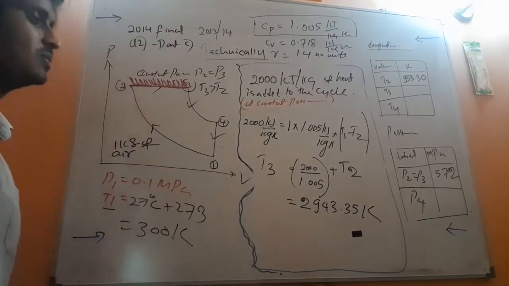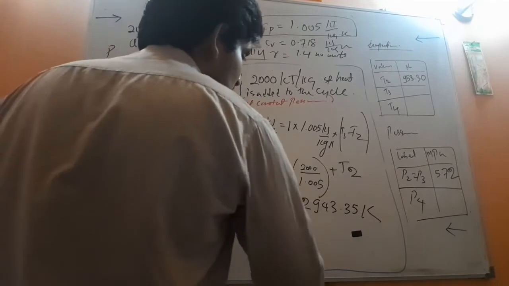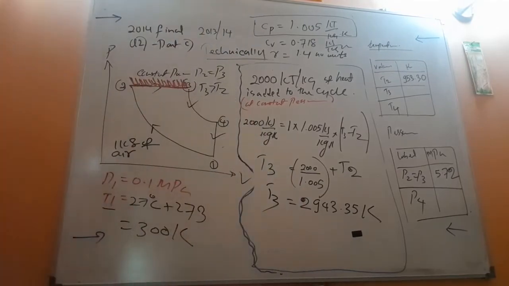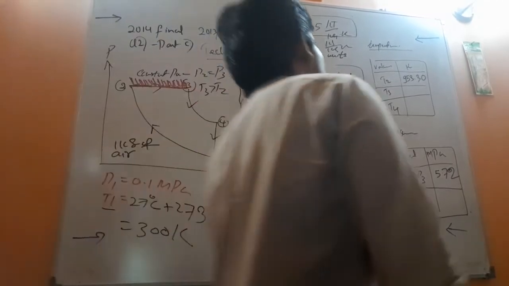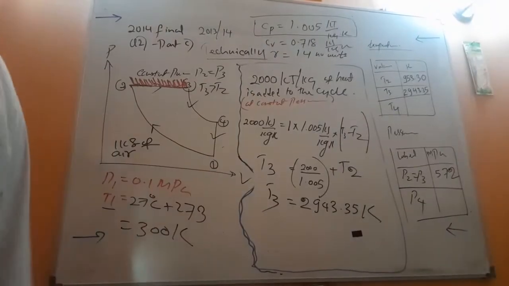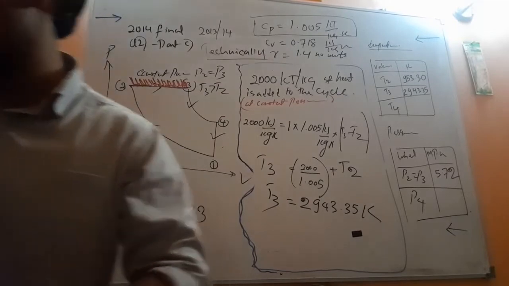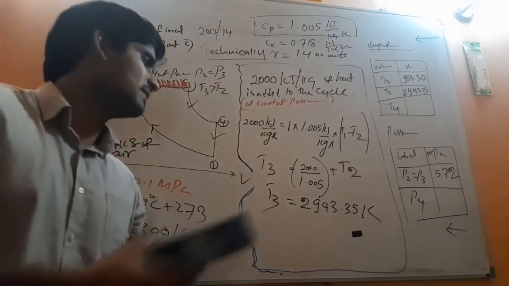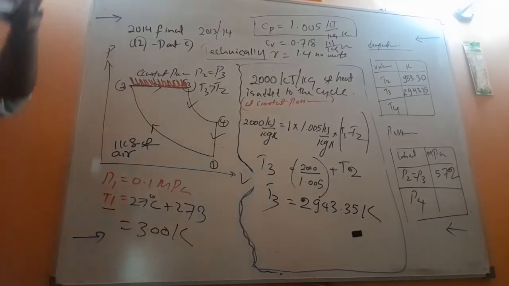So what is the temperature T3? 2943.35 Kelvins. So now you know what T3 is, and that is also solved. Clear? Because you cannot just remember things and do them, especially when dealing with thermodynamics. You have to be very sure about the theories.